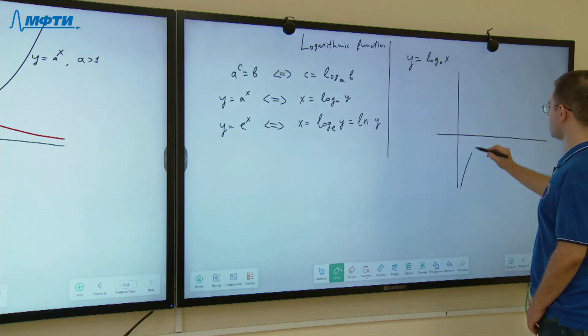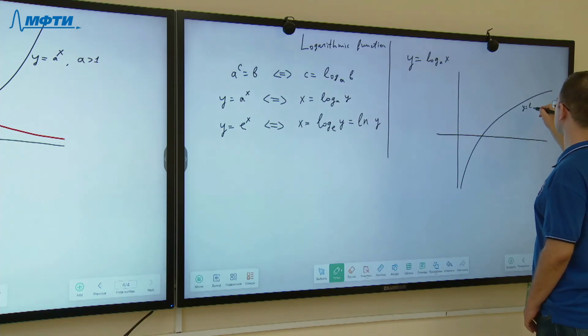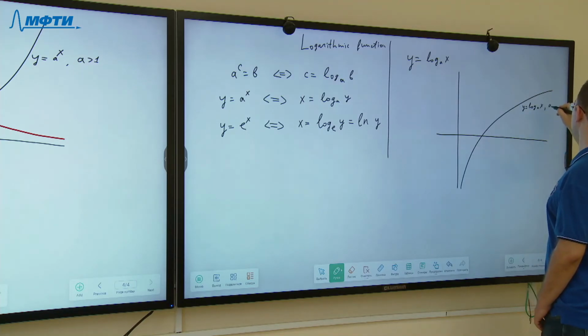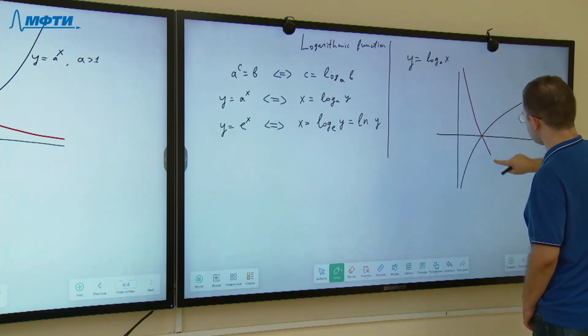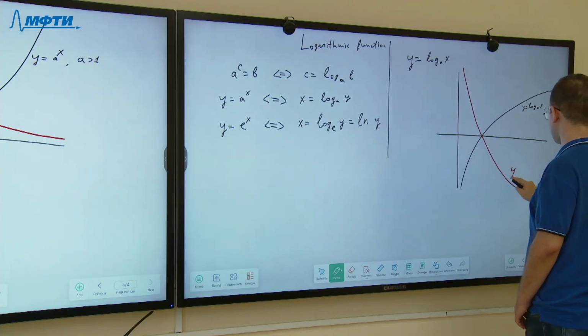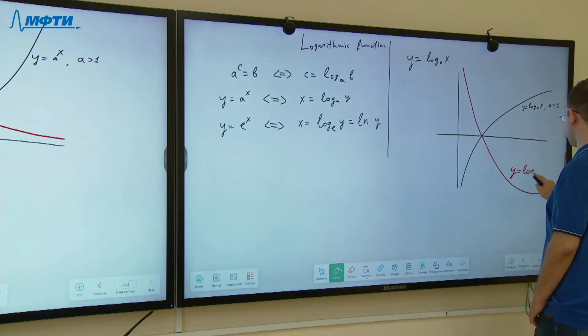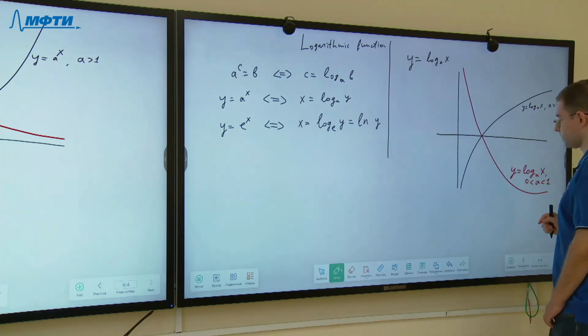This is how it goes provided that a is greater than 1, and this is how it goes when a is less than 1, greater than 0.